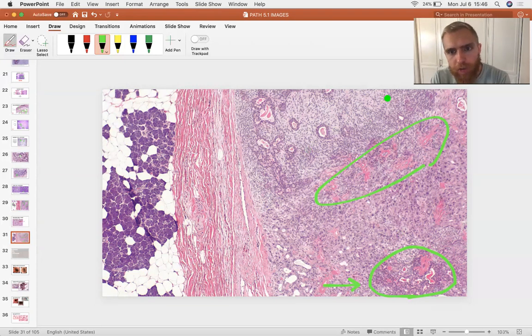And we're also starting to see a little bit of dedifferentiation up in here. You know, these cells are not really conforming to an epithelial or a mesenchymal shape. They're getting more and more myxoid, and so they're getting more loose. And so you could say that there's a dedifferentiation to them as well.